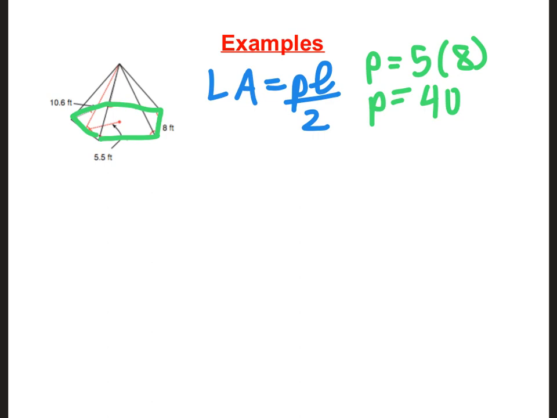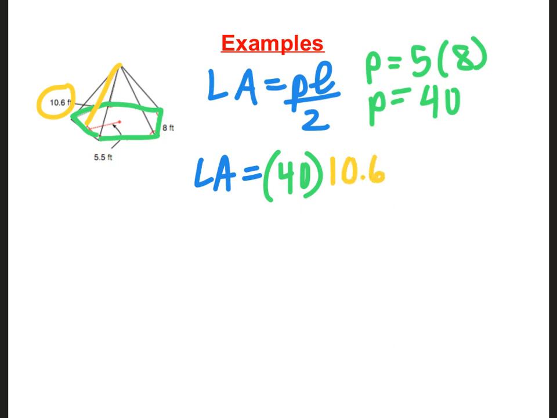Now they already give us our slant height. It's this one here, which is 10.6 feet. So if we plug that into our formula, we have lateral area equals my perimeter, which is 40, times my slant height, which is 10.6, and then all divided by 2.